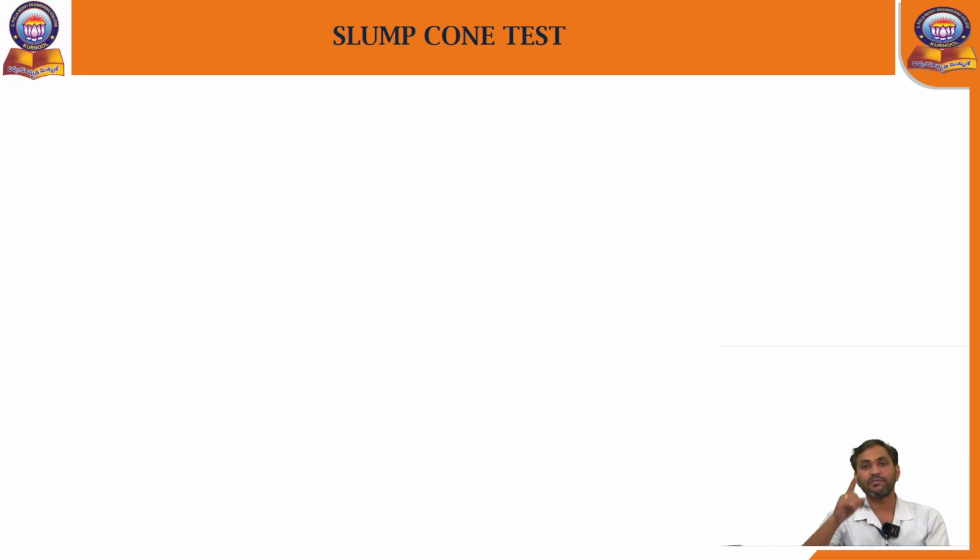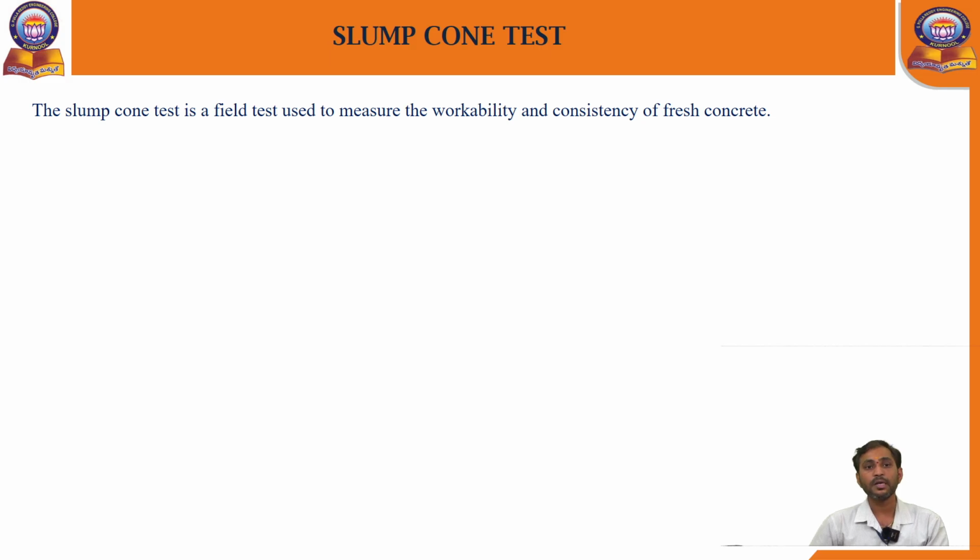In that, the first one is the slump cone test. The slump cone test is the best method we can conduct in the field and also in the laboratory, and it is used to measure the workability and consistency of fresh concrete. It shows good workability of a concrete and presents the good quality of fresh concrete.